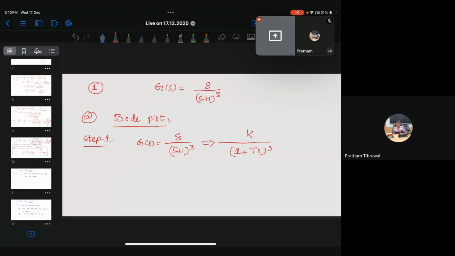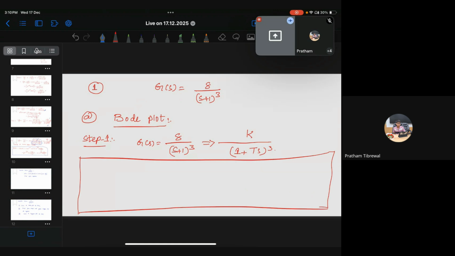Then we'll form a table, if you remember our Bode plot examples, where we have number of terms. Here we take term.